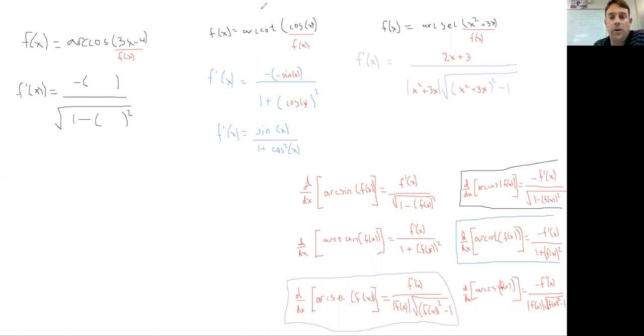So we have 3x minus 4, and the derivative of that is 3. So that's where all these things come into play. We're dealing with derivatives of inverse trig functions. We're not going too terribly crazy, just wanting to play with them a little bit here.